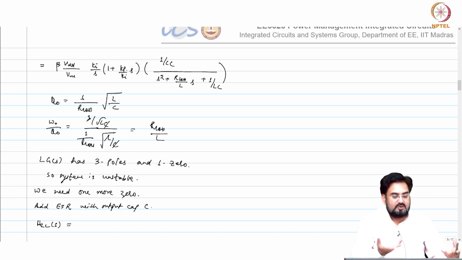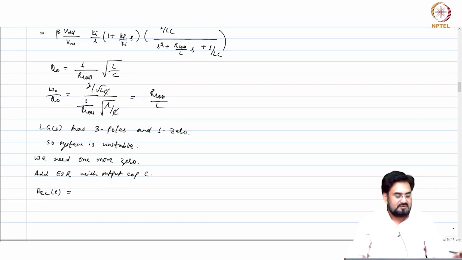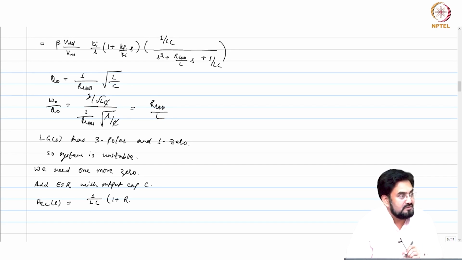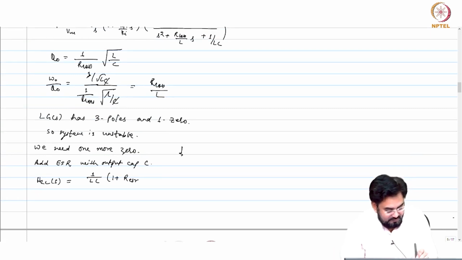In terms of pole and zero, what extra are we going to get with this? And where will be that zero? 1 by R ESR into C. R ESR will come. So this is C, this is RESR.